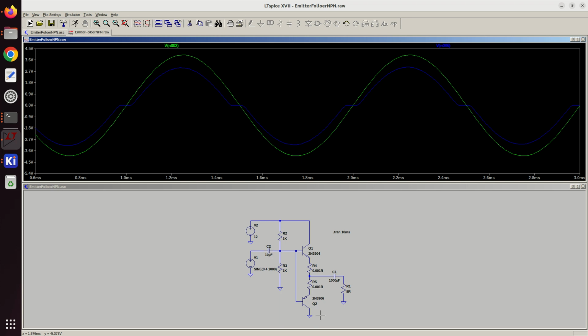And the same at the bottom here. So this is basically class B operation. It's quite efficient, but it has this crossover distortion, which sounds horrible. So the idea is we need to set up something to overcome this, and that's what we'll do next.